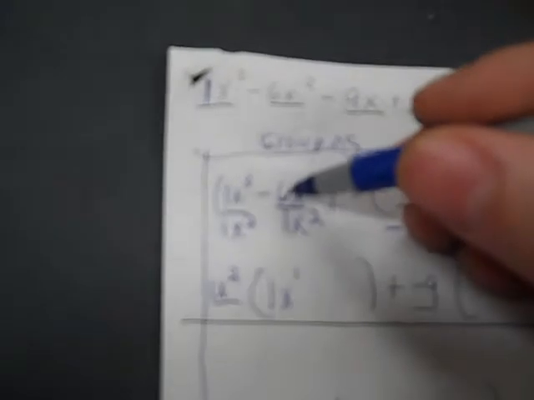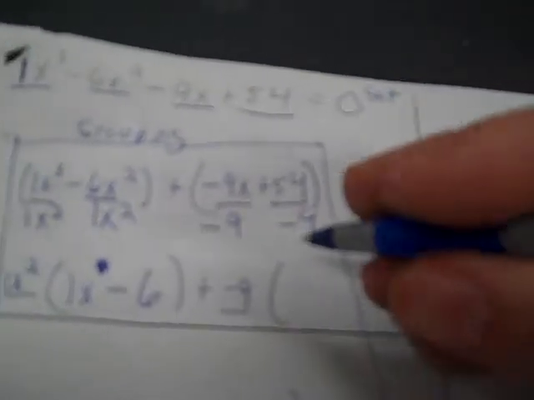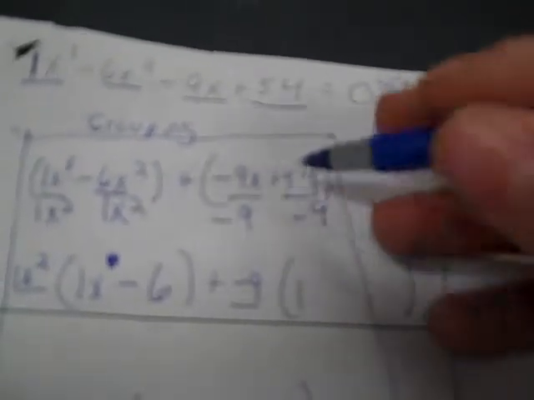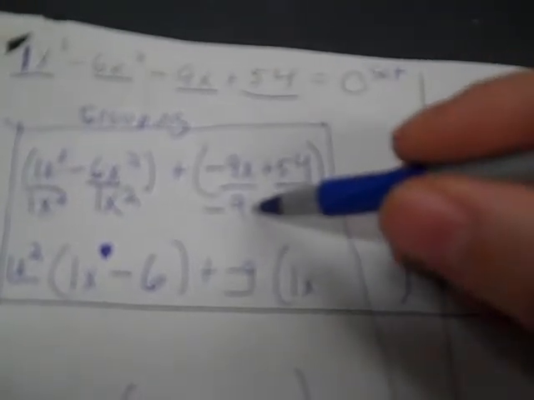Then I take negative 6 divided by 1, which is negative 6, so I put minus 6. You don't need that first power anymore. Now here I divide negative 9 by negative 9, I get 1, and then that x goes beside the 1, because I'm not dividing by x here. And then I take 54 divided by negative 9.